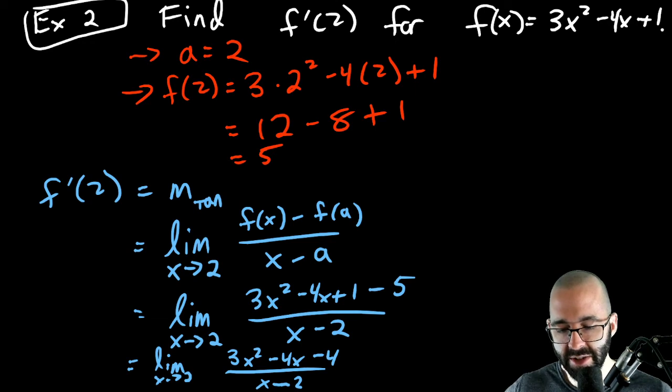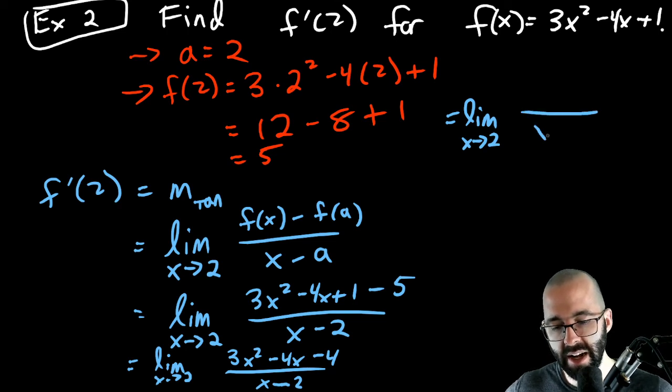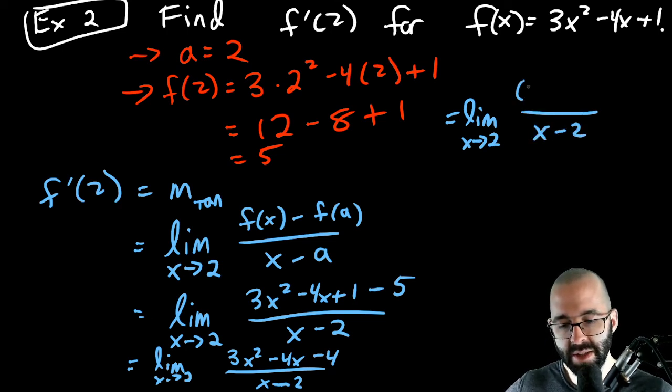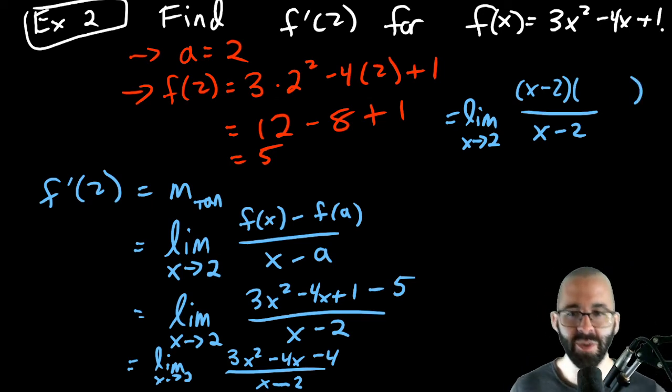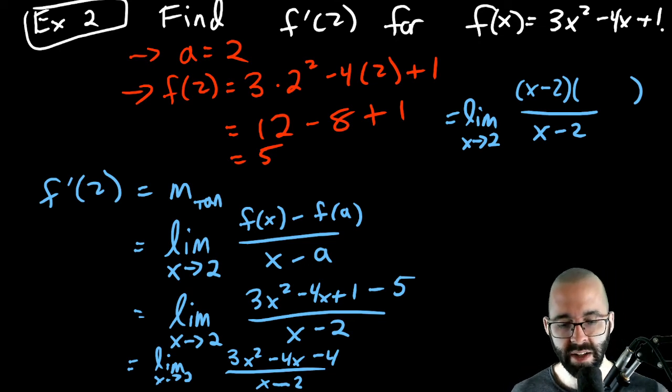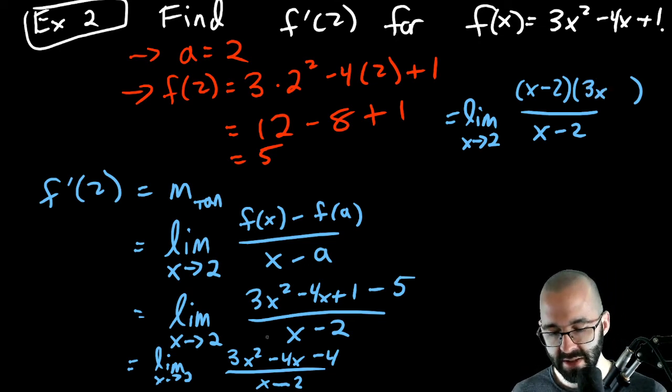So we're going to try to factor. The AC method works, or you can use a guess and check method. The guess and check method actually is really, really nice here because we know what we kind of want. We want a factor of x minus 2, so we're hoping we're going to use that in our guess and check method. So this has to be a 3x. That's the only way to get 3x squared.